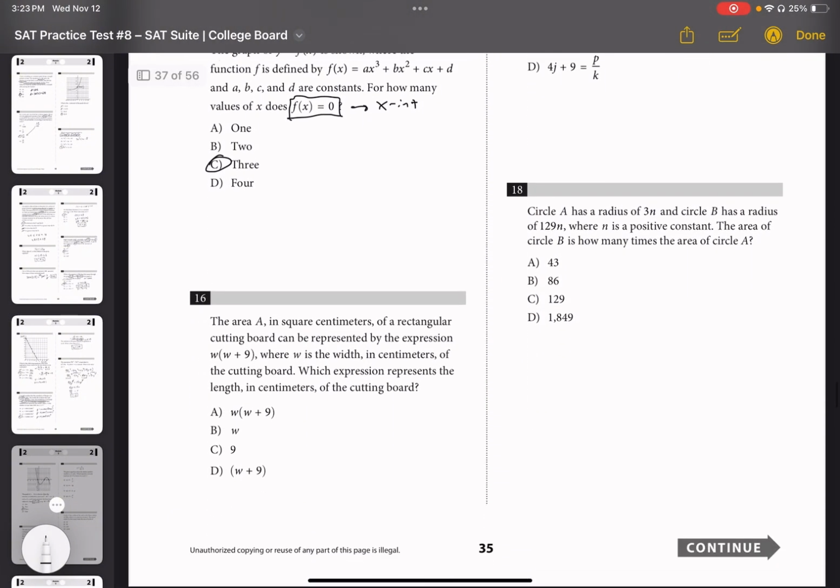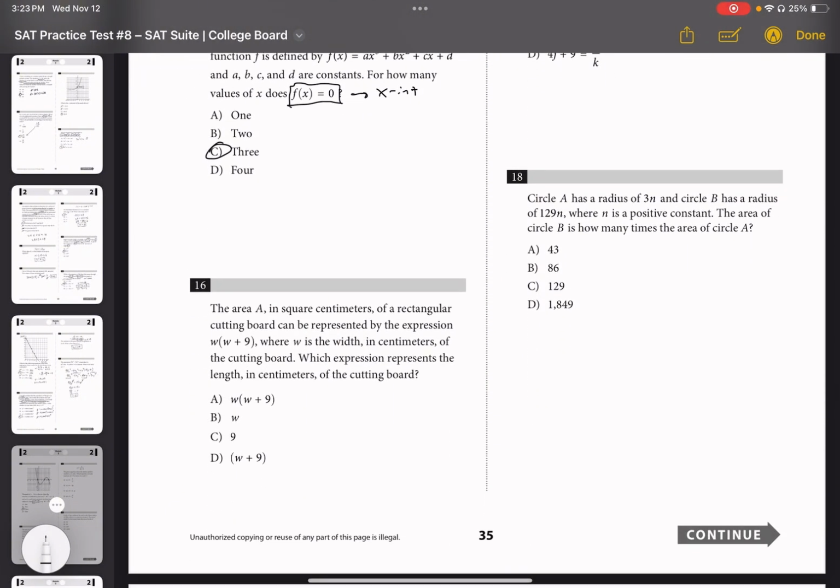We'll do 2 more questions and call it for the day. The area A in square centimeters of a rectangle cutting board can be represented by the expression W times (W plus 9), where W is the width in centimeters of the cutting board. Which expression represents the length in centimeters of the cutting board?